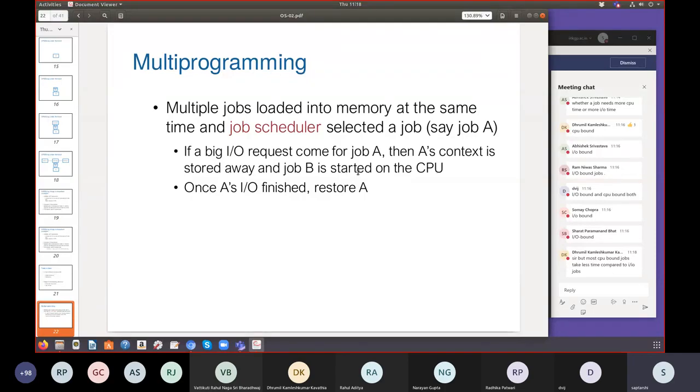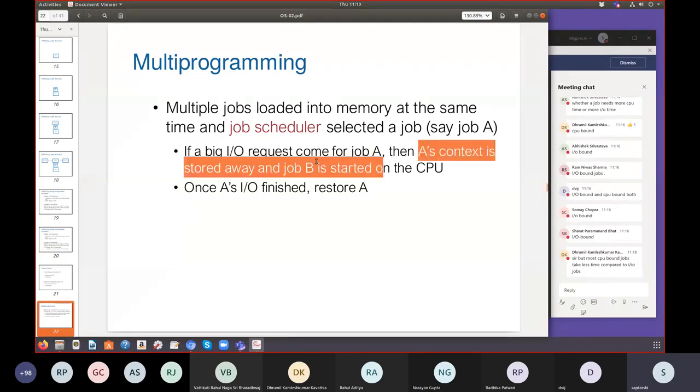But there is an important requirement here. At some point, A will have to be resumed. So the system should not forget till when A executed. Therefore, A's context needs to be stored. Suppose A has already done some operations; the variables of A have some value currently.